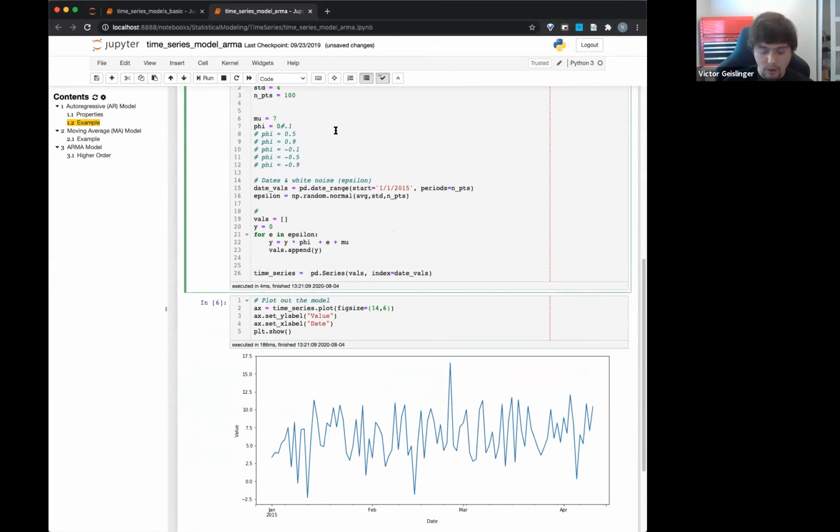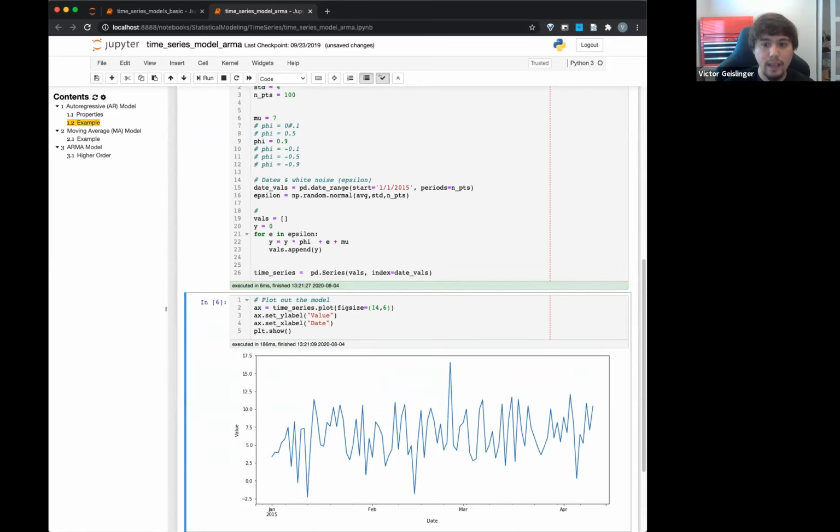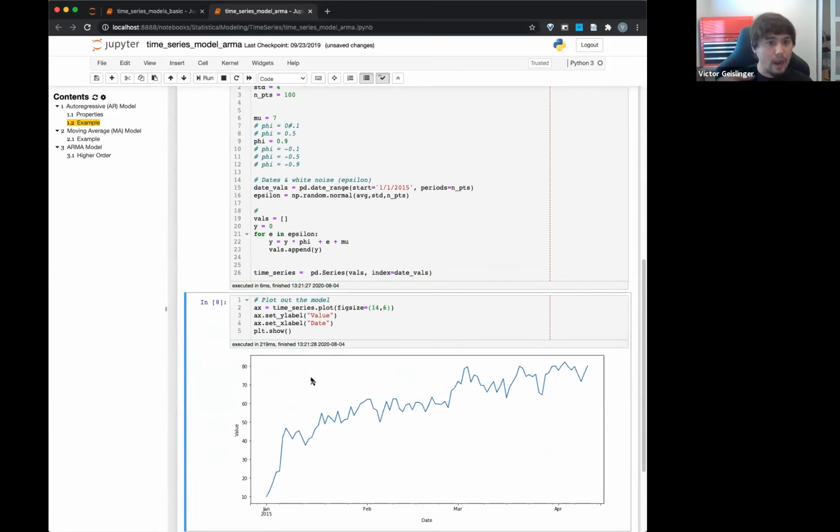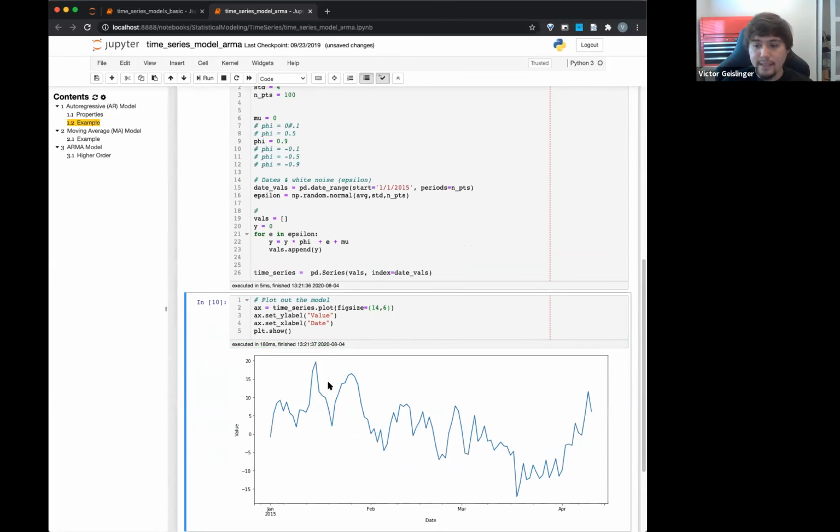If we make it a stronger correlation like 0.9, and note that doesn't take very much, now we definitely see that random walkness, right? It's moving up, and note that it's moving up with mu as well. So if I put mu at 0, this might be helpful. You can see it still depends a little bit, but there's less randomness in that way.